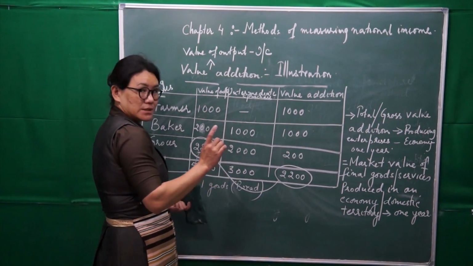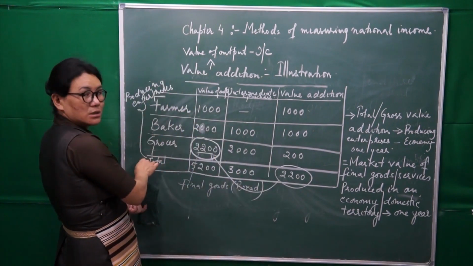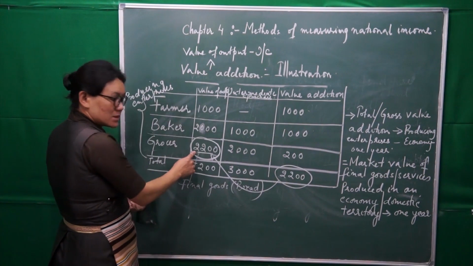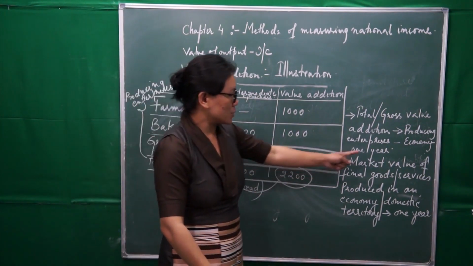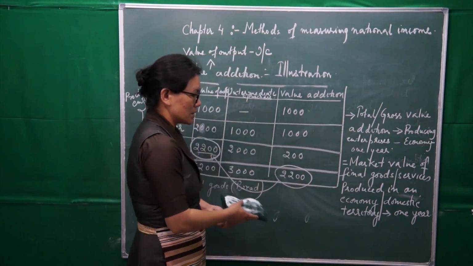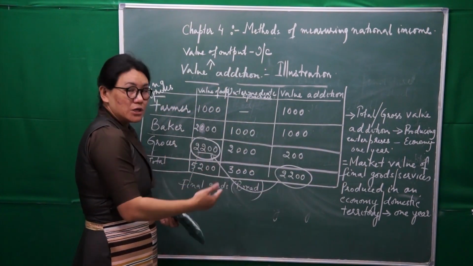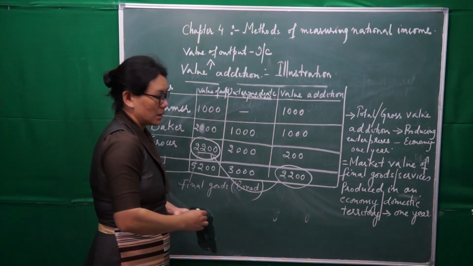So I have said, see here, this is what? Gross value addition of all these producing enterprises, right? This is equal to this one. And what is this? This is the market value of final goods and services produced by these people in a domestic territory of a country during 1 year.